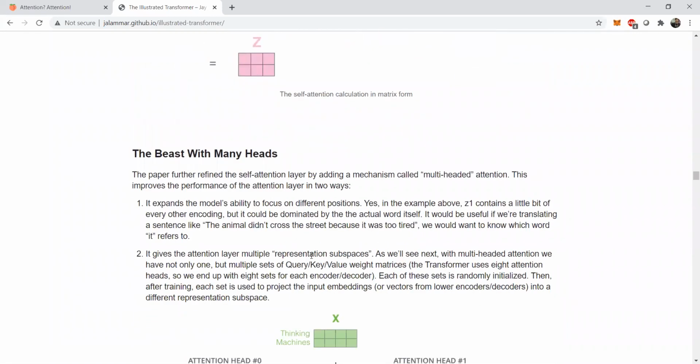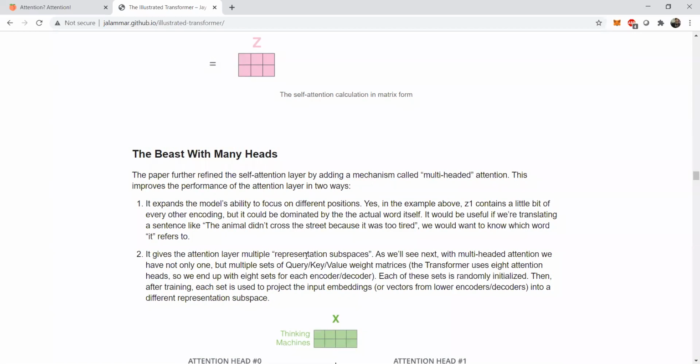Now, self-attention is a very important tool, but it is powerless when we use it individually. So what we do is combine different self-attention heads together. And this is where the most important concept of transformers comes into the picture, which is known as multi-head self-attention. Multi-head self-attention expands the model's ability to focus on different positions simultaneously, right?